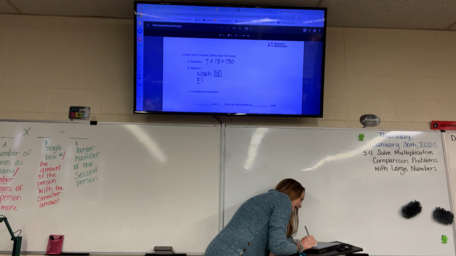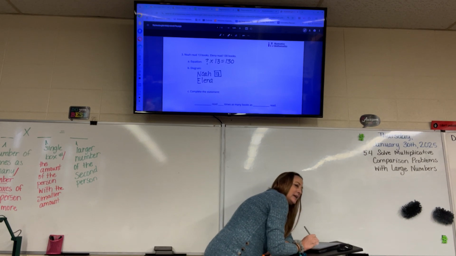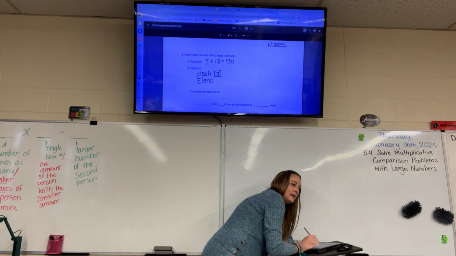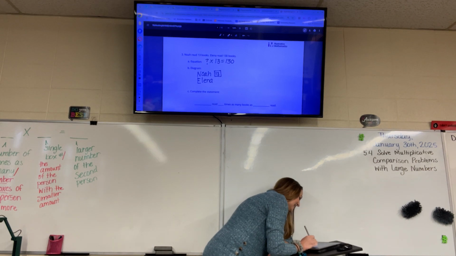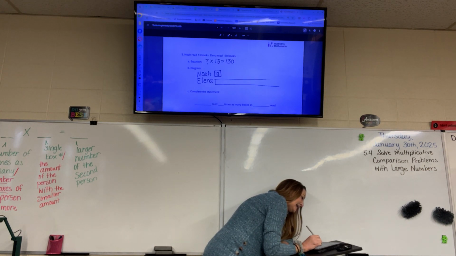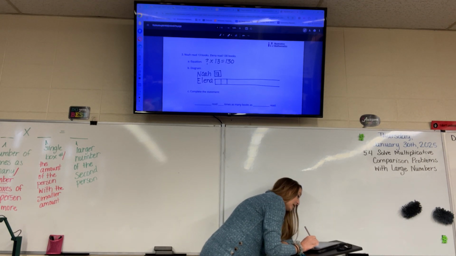So how many boxes do I need to put next to Elena's name? 130? That would be here all day. No, 10. It's only 10, because in each box there's 13. If we were putting one in each box, then we would need 130.